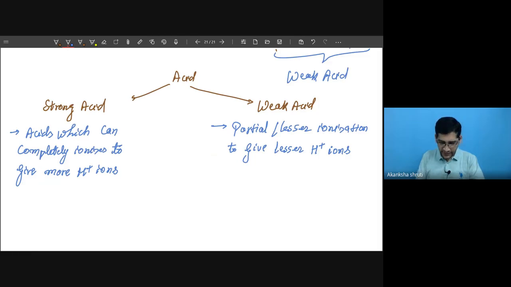Along with the example, how much is this strength? For that, we are using the pH scale. So let me write the pH range. The pH values vary from 0, since a stronger acid has a lesser pH value.